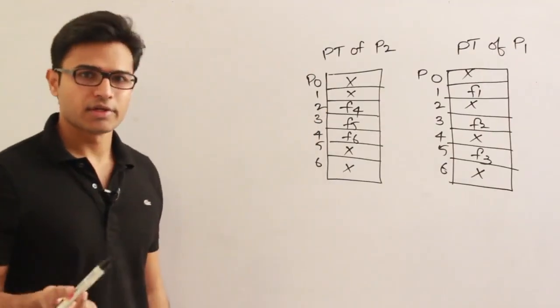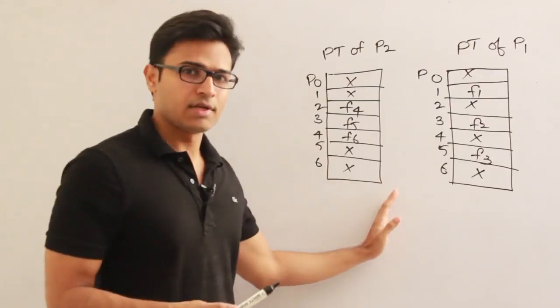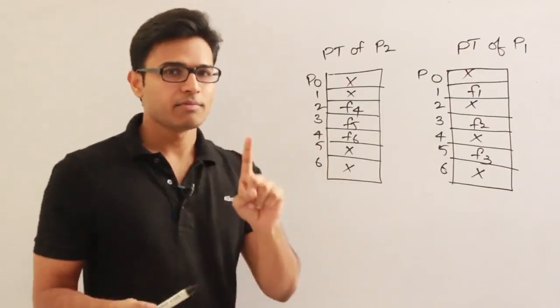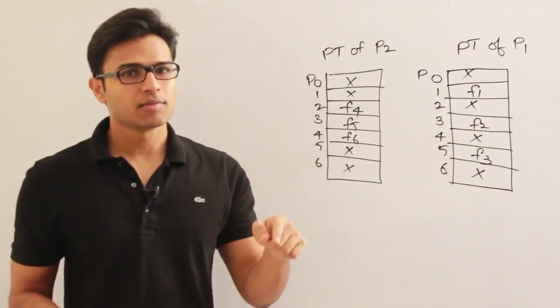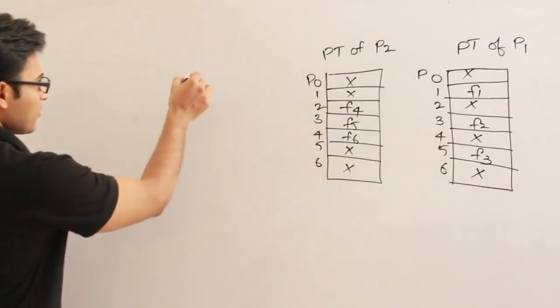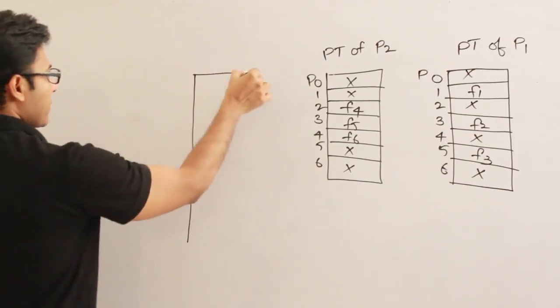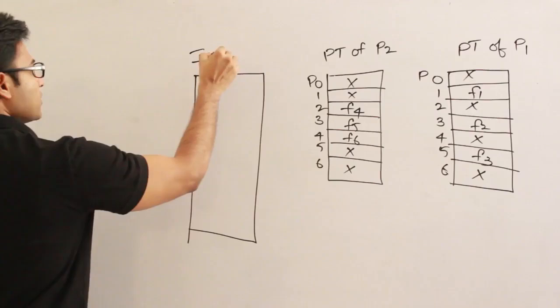So what people thought is, instead of having one page table for every process, let us have only one page table for all the processes, and the entries in that page table will be equal to the number of frames in the computer, which means they introduced this new concept, which is called the inverted page table.